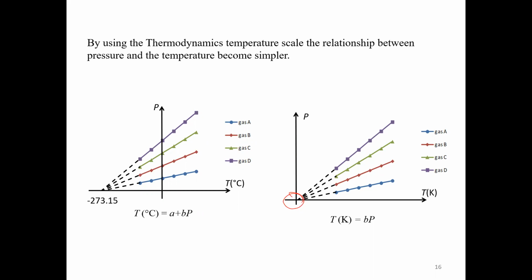And for the Celsius scale, you will find that it will intersect at minus 273, which is why we add 273. So that's the Kelvin scale on the PT diagram.